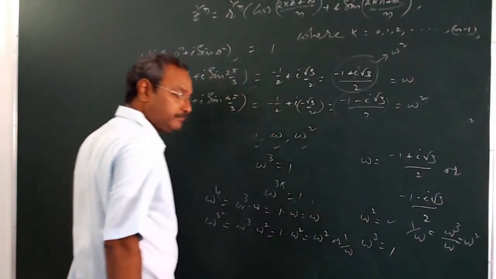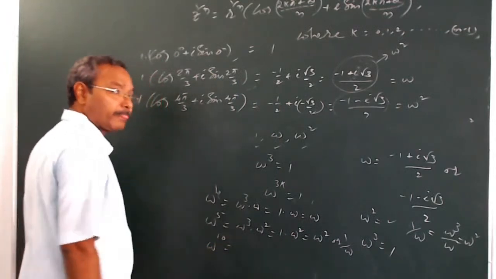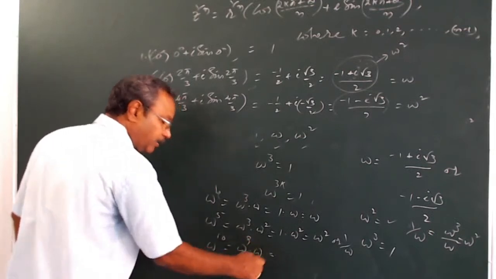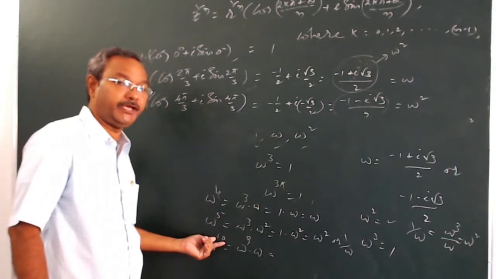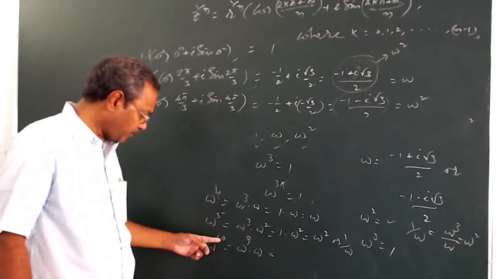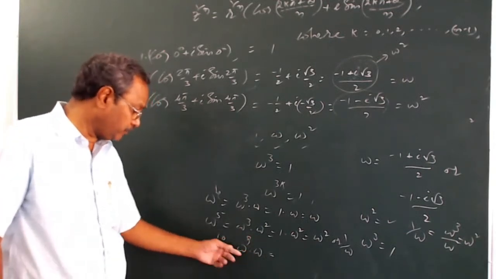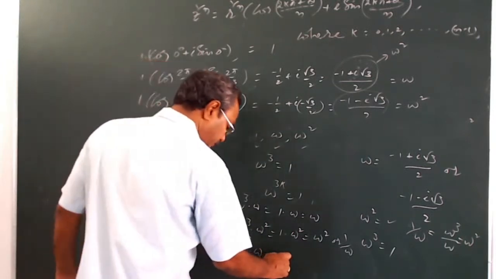And then omega to the power of 10 is omega to the power of 9 into omega. Always search for the nearest multiple of 3 for this power. It is 10, and the nearest multiple of 3 is 9. So omega to the power of 9 into the residue, whatever it is. That's omega. So this is 1 into omega, which is omega.